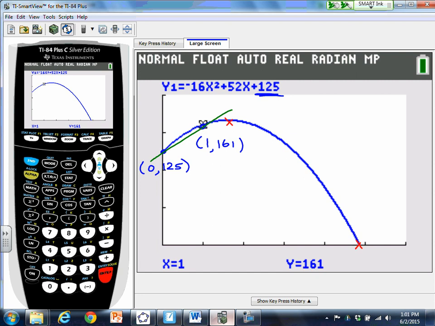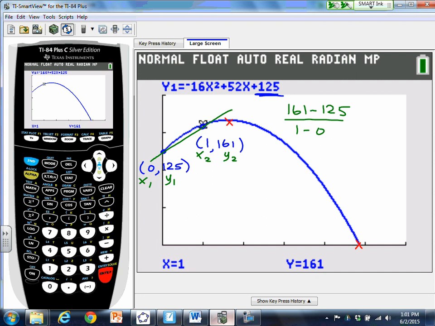So I usually use the point on the right as x2, y2, and the point on the left as x1, y1, and then I just do differences in the y values. 161 minus 125 tells me how much we've changed in the y direction. And just to show all the detail, it took 1 second to do that, 1 minus 0.